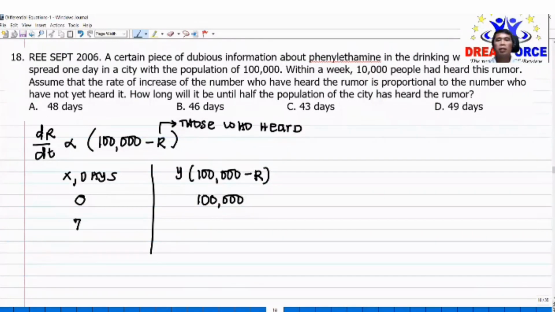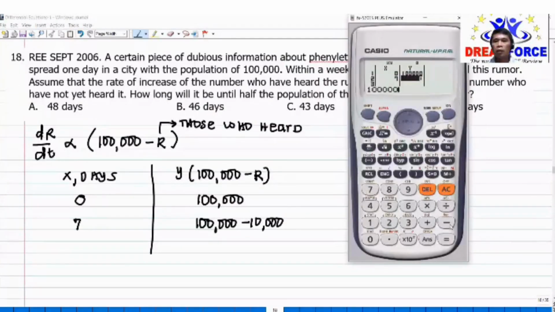So ilan yung hindi nakarinig? 100,000 minus 10 exponent 3 equals.